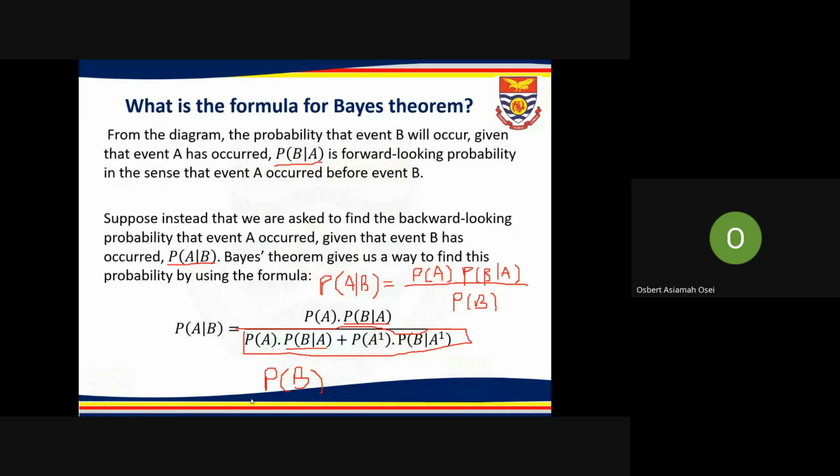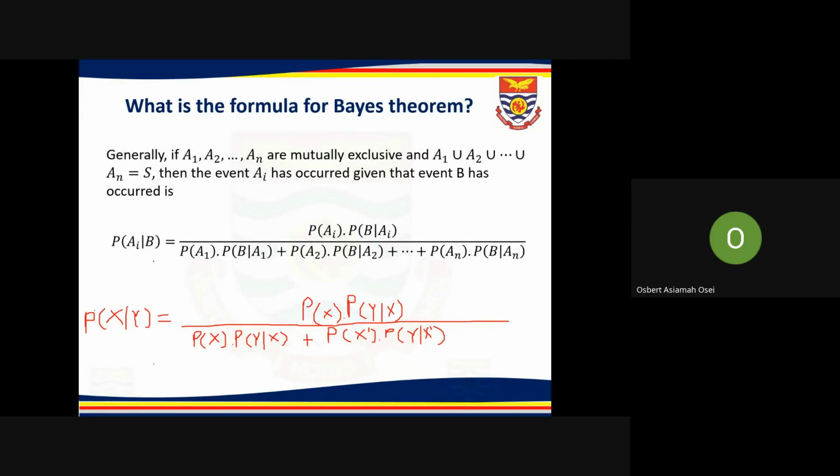So in essence, if we expand it here, the whole of the denominator is equal to the probability of B. So when you use that formula that we showed here, the whole of this denominator will give us the probability of B.